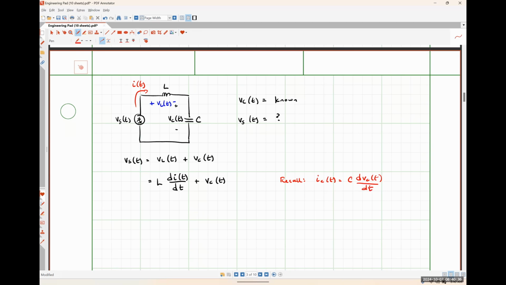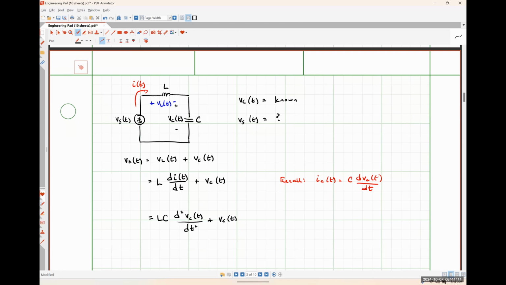So I'm simply going to substitute that in for my current, and that's what's going to give me the relationship LC times the second derivative of my capacitor voltage with respect to time plus VC. So it's not actually all that hard. We just have to be able to apply those relationships that I've shown to you guys, right?